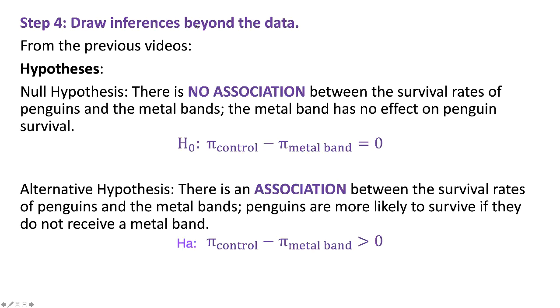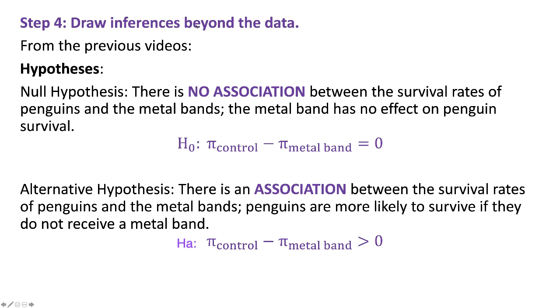Our hypotheses are as follows. The null hypothesis is that there's no association between the survival rate of penguins and the metal bands. In other words, the metal band had no effect on the penguin survival. Symbolically, we would write that as the difference in proportion of the control group and the metal band group is equal to 0.